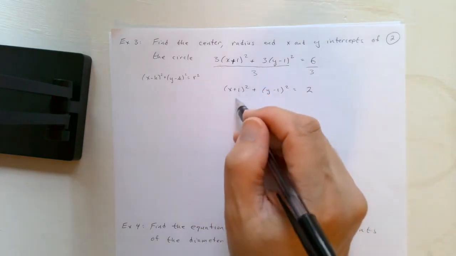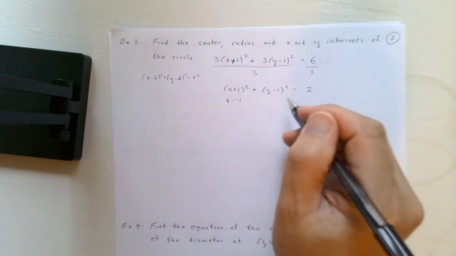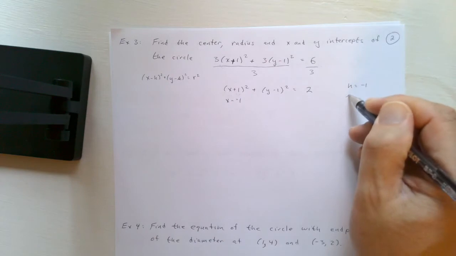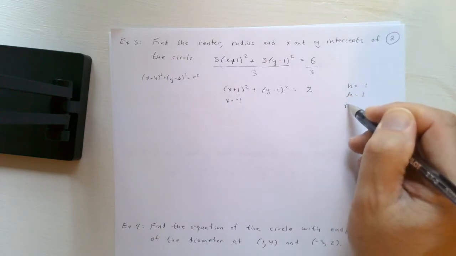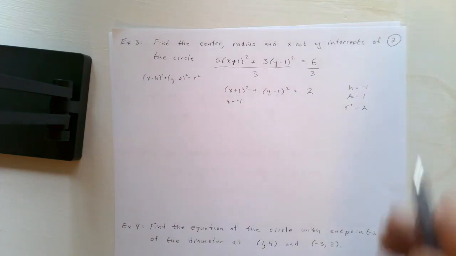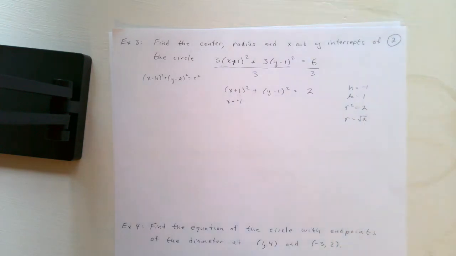And so this is x minus negative 1. Okay, so we can see that h is negative 1, k is 1, and r squared is going to be 2. And, well, what does r have to be? We'll take the square root of both sides, and that means that r has to be the square root of 2.